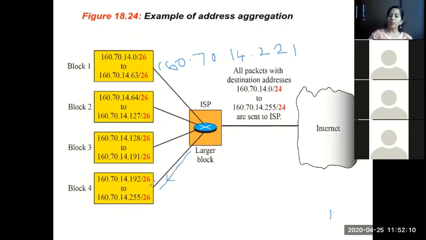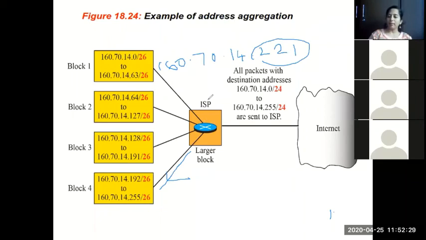It should send it to the last block, because .221 belongs in the last block. It is between 192 and 255. That job is carried out by this end router sitting in the internet service provider.